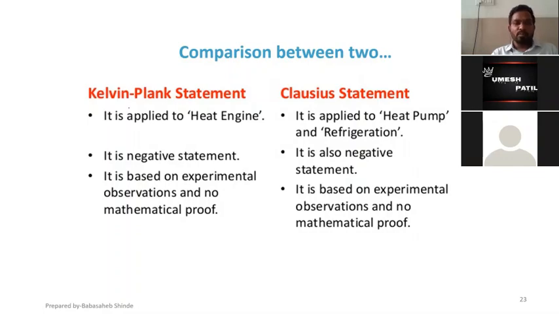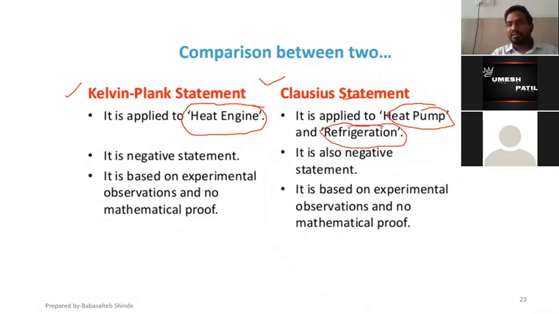There wouldn't be any question like compare the Kelvin-Planck and Clausius statement. But to have better understanding, I have written a comparison between those two. Kelvin-Planck is related to heat engine and Clausius is related to either heat pump or refrigerator. That is the major difference between those two.